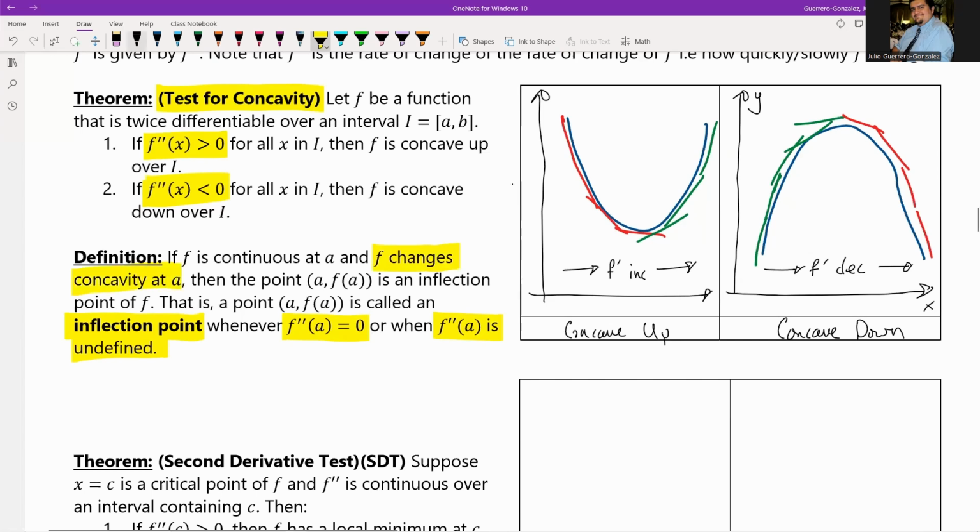So, for example, suppose you had a function like this, and I'm going to connect it with another one that does this again. It goes in this direction, and then it changes into, hopefully you see what I'm trying to do here, this point right here. Those red sections are concave down, and the green sections are concave up. Both of those purple points are what we call the inflection points.